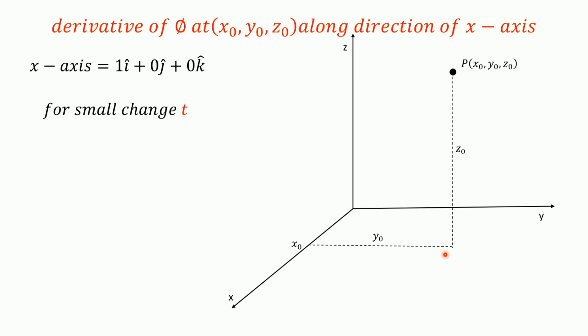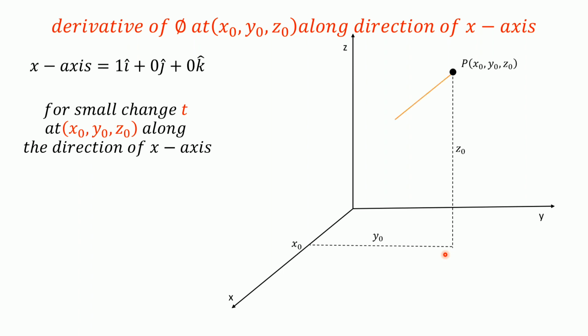Now, for a small change t at x naught, y naught, z naught along the direction of the x-axis, we are changing it by, let's say, t along the x-axis only.